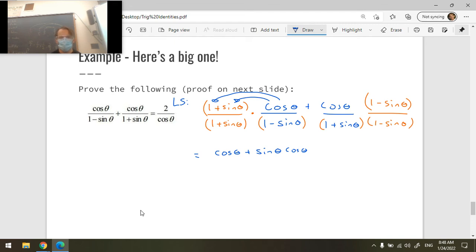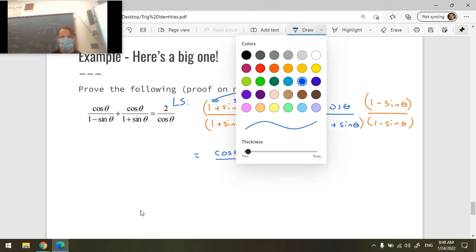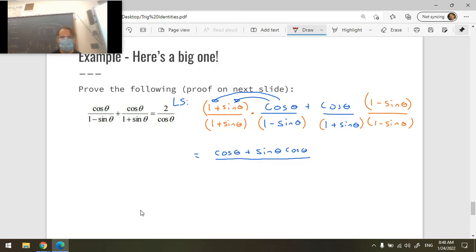This one gives me cosine. This is cosine times 1. This is sine theta times cosine theta. Okay. And then on the bottom, I have some rainbows to draw here. This is 1 times 1, and then 1 times sine theta. And then I also have to do sine theta times 1 and sine theta times negative sine theta. Okay, so I have to do all 4 multiplications there.